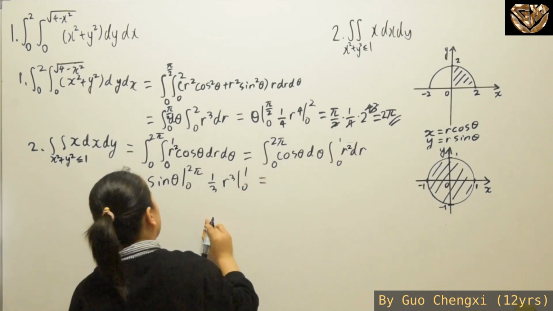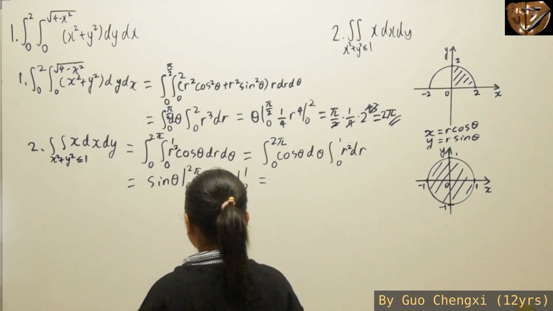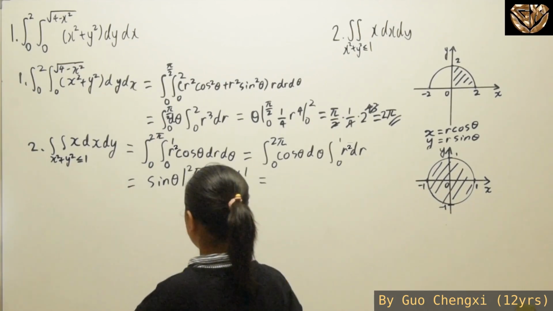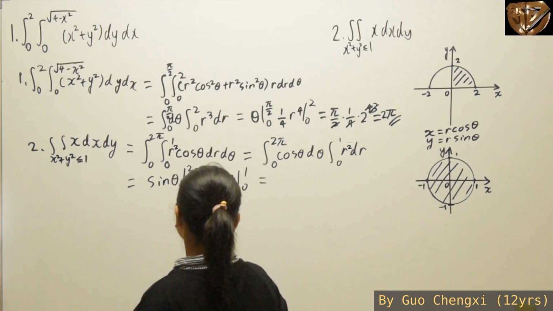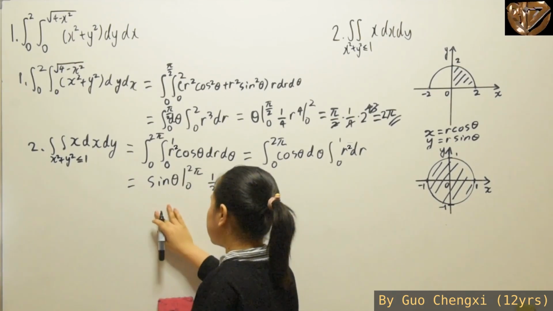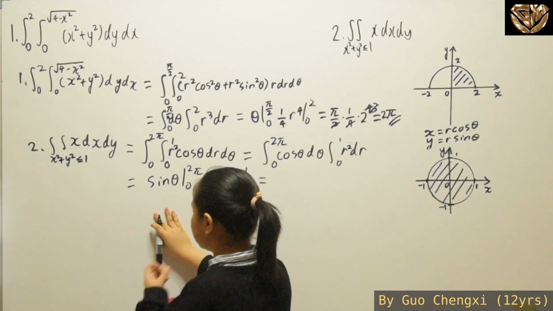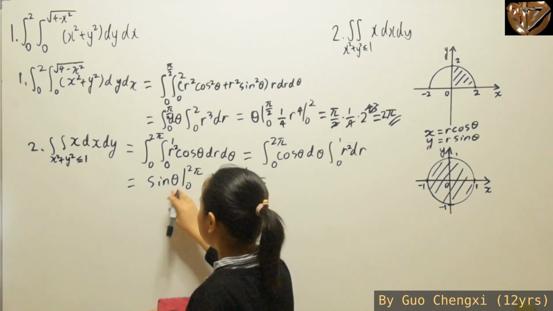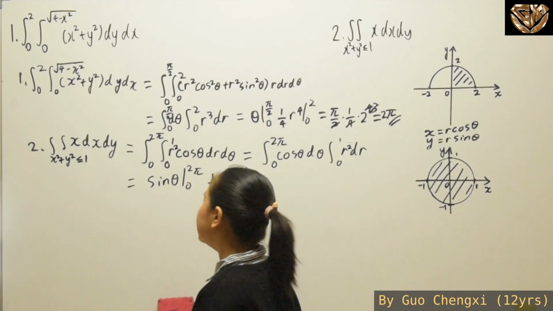For the r part, when you sub in 0, it becomes 0, so you can ignore it. While for the other one, you sub in 1, it's going to end up with a half. For the sine, if you sub in 0, you get 0, so ignore it. When you sub in 2 pi, you will still get a 0.